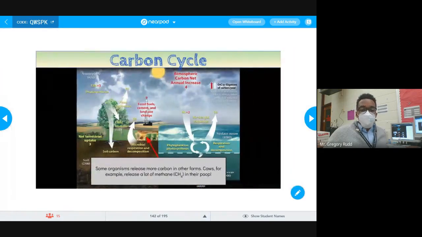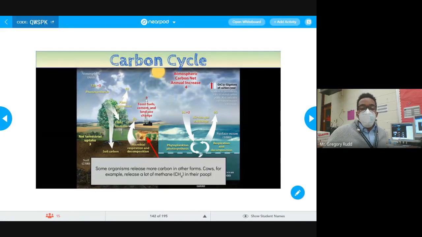Okay. Nothing to write down here, but this is just important to note. There are some organisms that release carbon in other forms. It's not just through breathing out and releasing carbon dioxide. So, for example, cows, when they poop, their poop has a high level of what's called methane in it, and methane is also not good for our atmosphere, at least not in high, concentrated amounts.